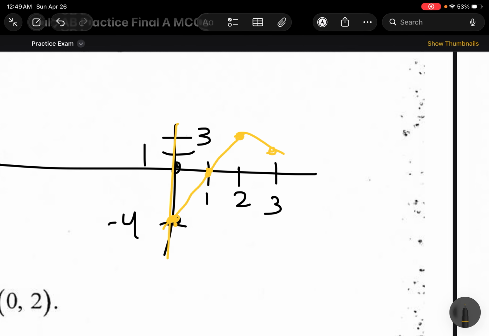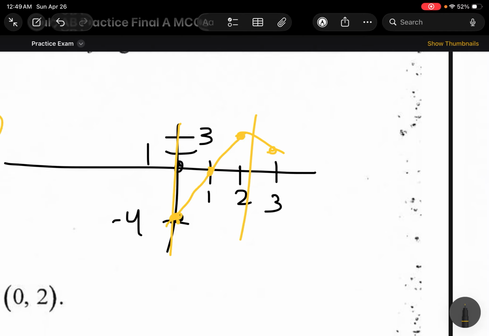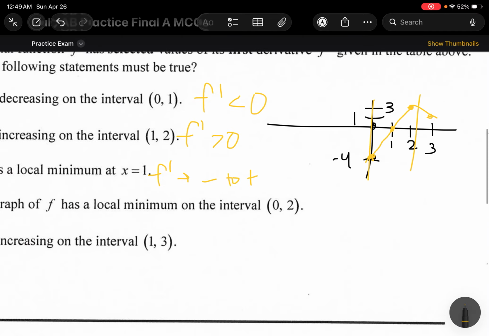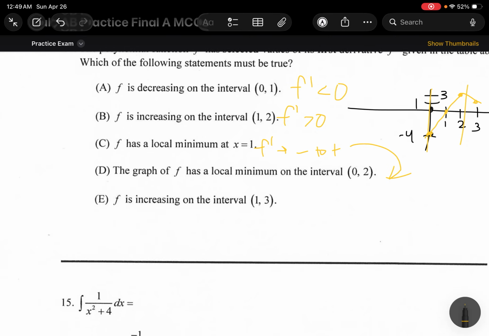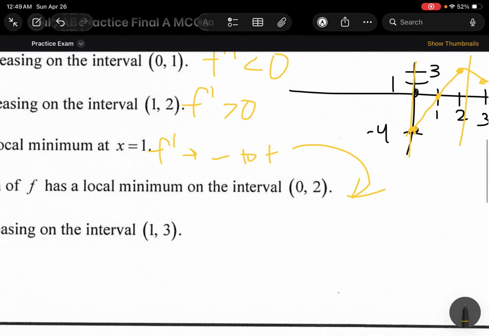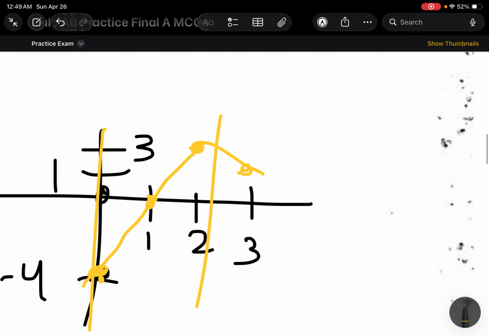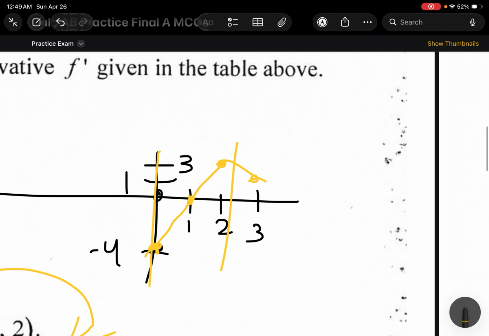So somewhere between here, it changes from negative to positive. This is also true. Same thing, it's more broad though. Is f increasing on the interval 1 to 3? Yes, because the function from 1 to 3 is above the x-axis.